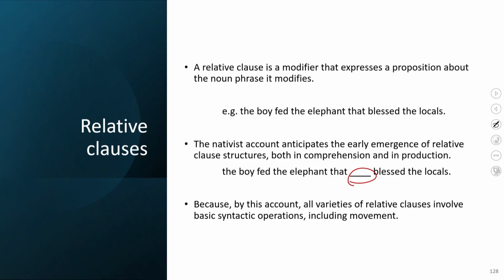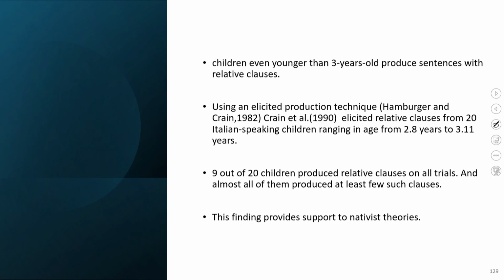So, the elephant blessed the locals, because by this account all varieties of relative clauses involve syntactic operations, that is what we have been seeing since the previous examples, including movement. So, the boy fed the elephant, that elephant, again there is a gap, there was a component here which is replaced. So, this is how the structure goes. So, this is the nativist account.